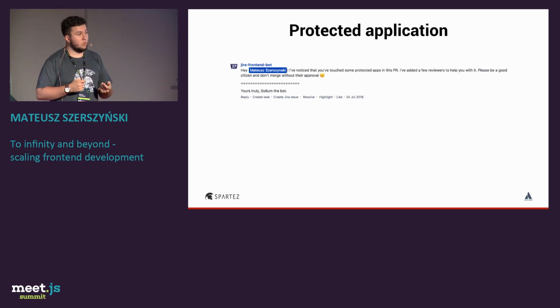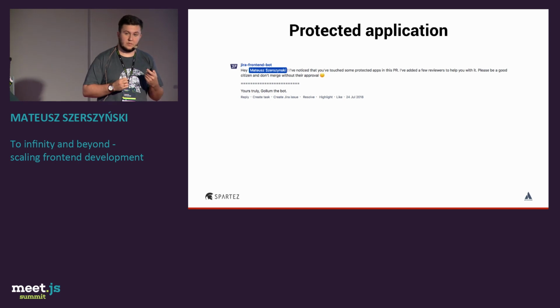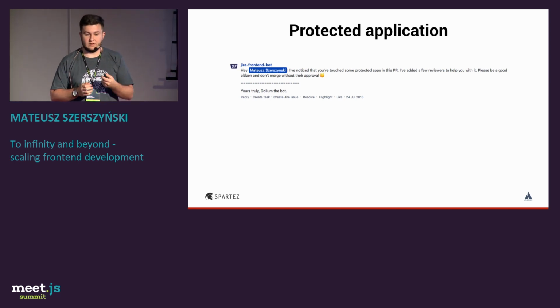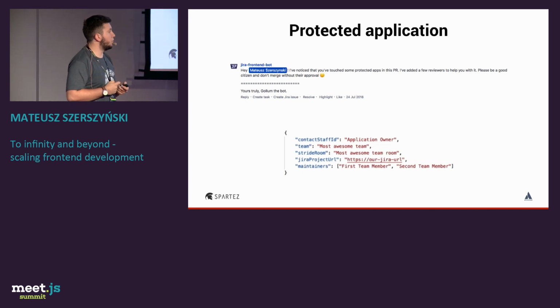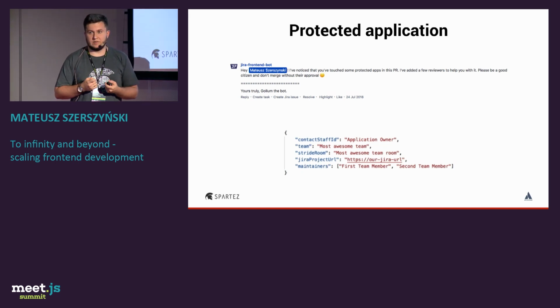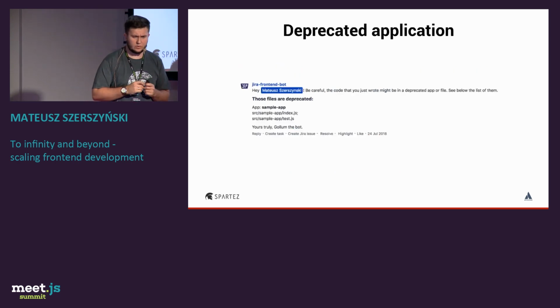Then Golem would add a comment on my pull request that hey, you touched some code, and it's protected and it's used by a different team. So you should not merge without their approval. They should be at least aware of the changes, and it automatically will pick some reviewer from the list of the maintainers.